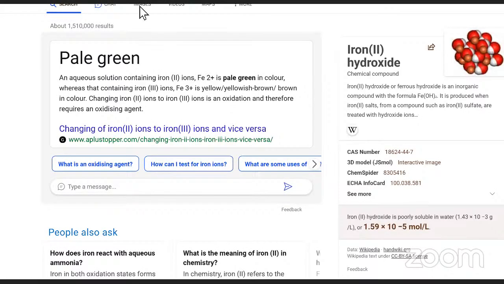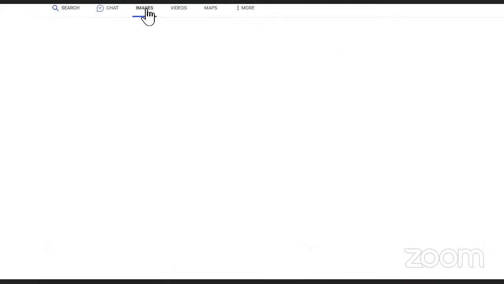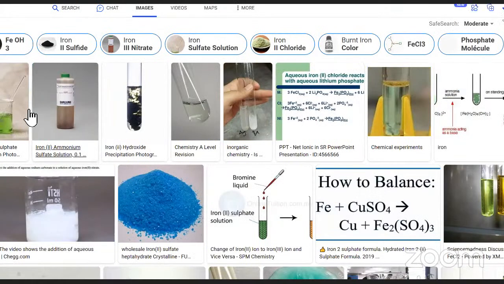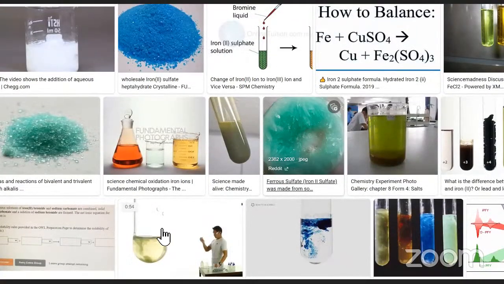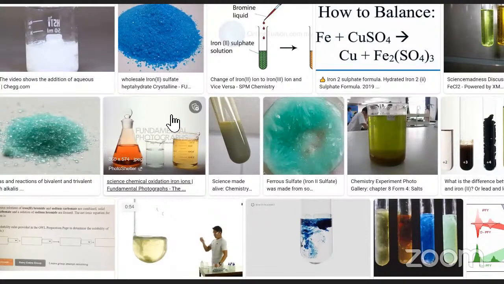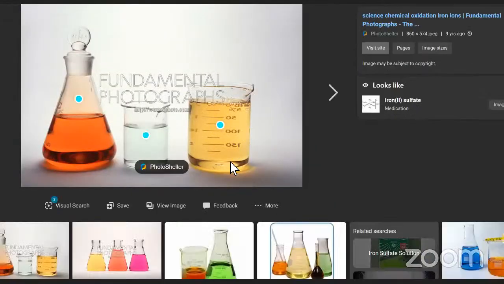Okay, so iron 2 plus aqueous is very pale green. This is probably a very concentrated solution, but it's very pale green. This is a better example: this is probably iron 3 plus and this is probably iron 2 plus. Now the problem is that the solution has both of them.